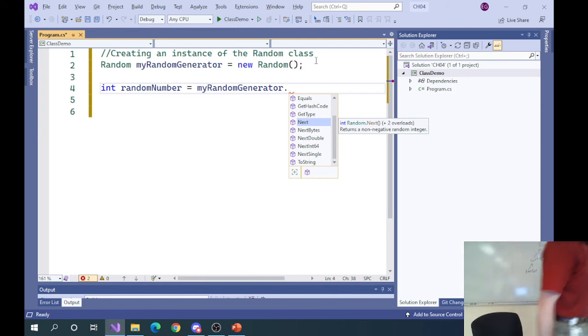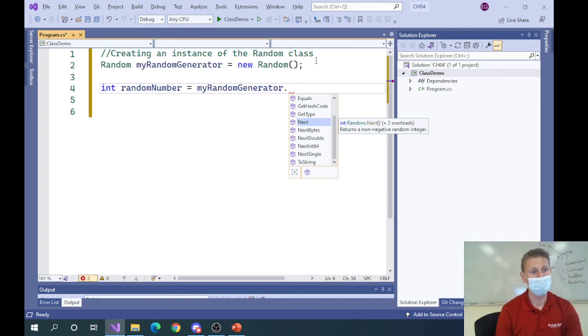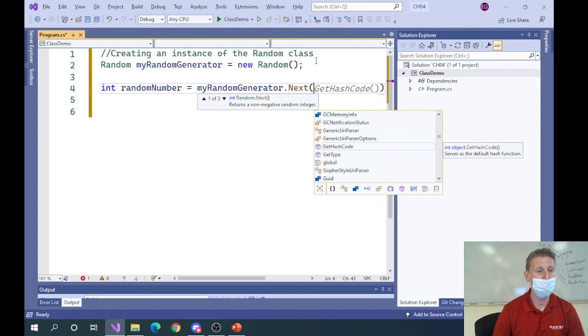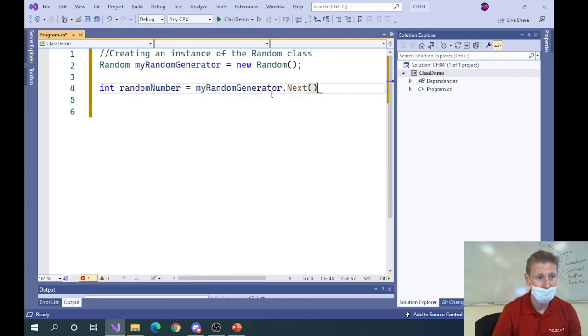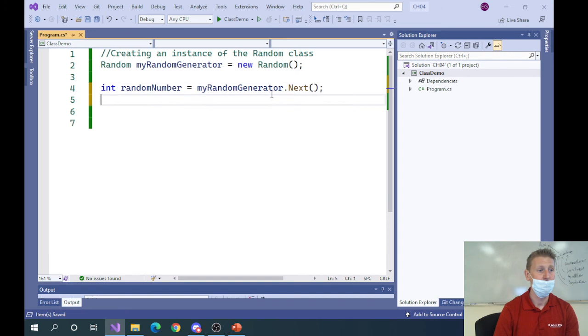Again, look at the method signature. I could see that the Next method returns an int. So by calling the Next method, I'm going to have an int on the left and an int on the right. And if I type here, I see 3 overloads. It says returns a non-negative random integer. So if I don't put anything in it, it's a non-negative random integer.